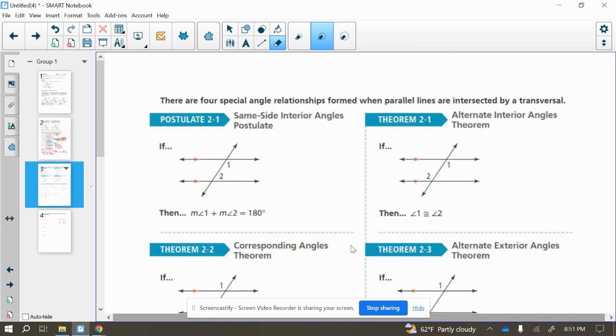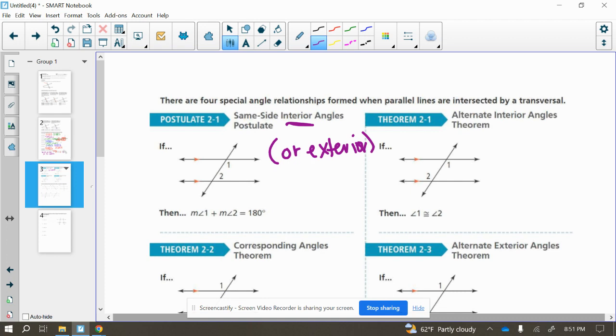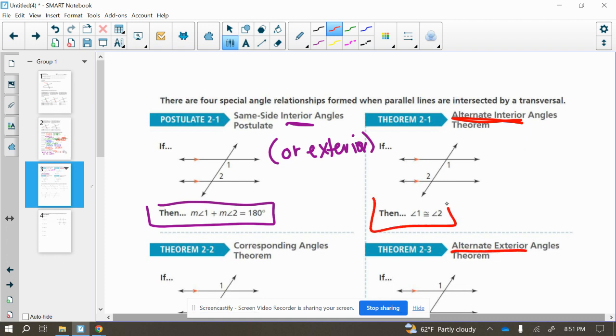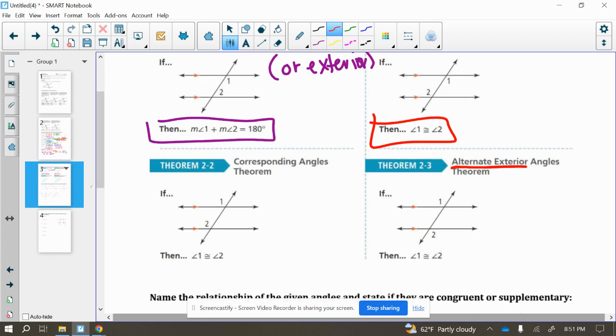But if we know they're parallel, we know these relationships will for sure happen. For instance, our same side interior angles, this also goes for the exterior as well, are going to be supplementary, so they're going to add up to equal 180. Alternate interior or alternate exterior are going to be congruent to each other, so they're going to have equal measure.